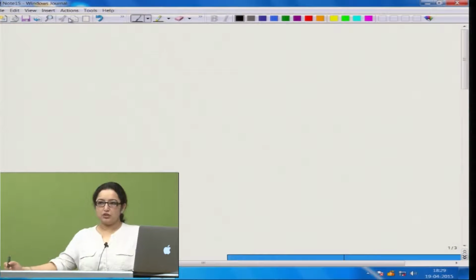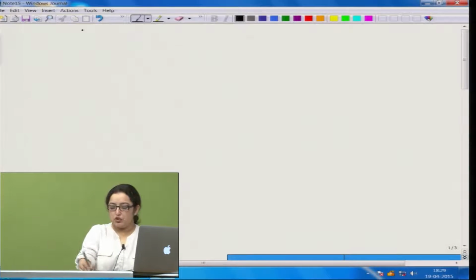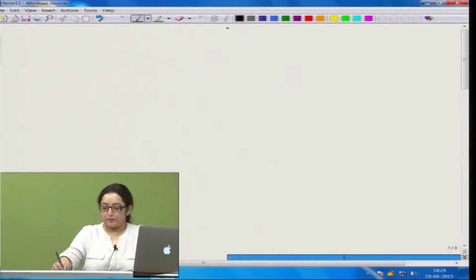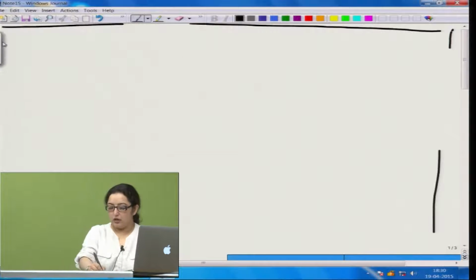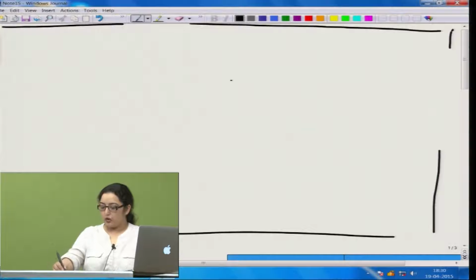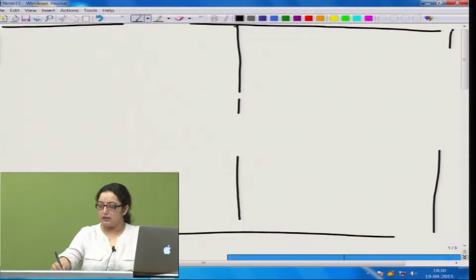Now, the composition, whether you have seen it or not, is divided into two equal halves with some integrity. So, let us divide the whole page into two different halves, and this is the central part.